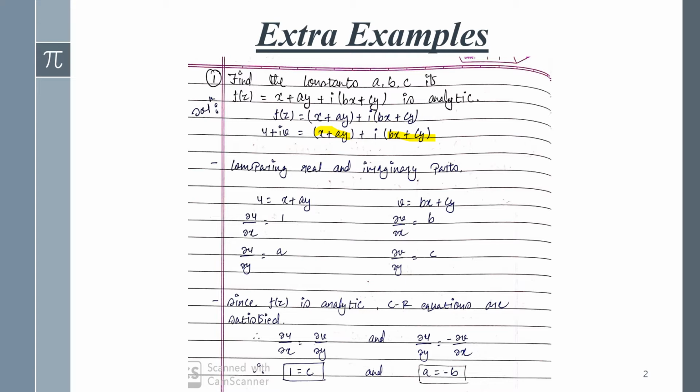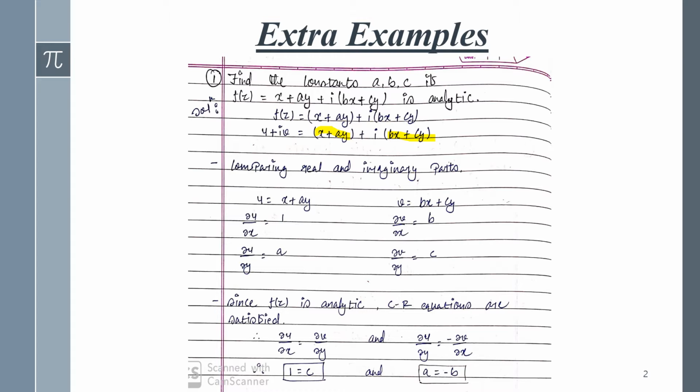From these two methods I have chosen one, that is we can use the CR equations, because the function is given as analytic. So the given function is analytic, which means definitely the CR conditions will be fulfilled. To compare the CR equations, first we need those four components, ux, uy, vx and vy, right?